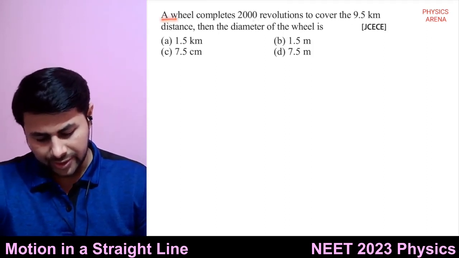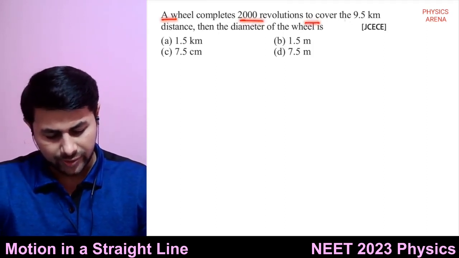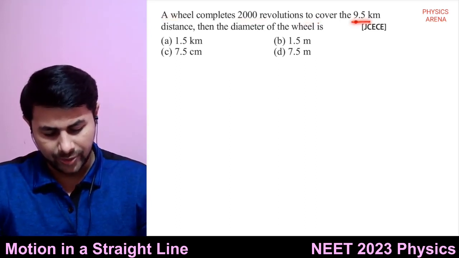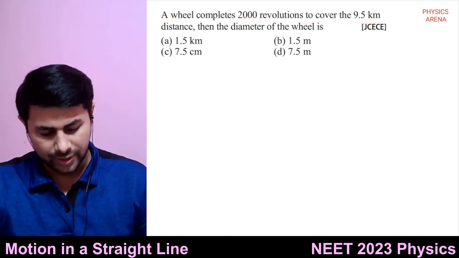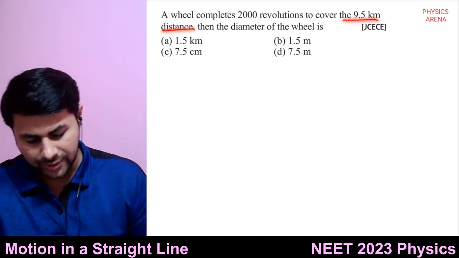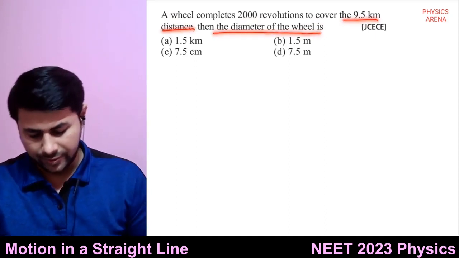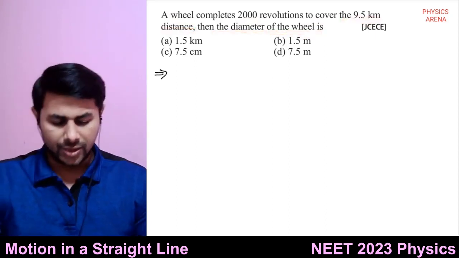A wheel completes 2000 revolutions to cover the distance of 9.5 kilometers. To cover the 9.5 kilometer distance, then the diameter of the wheel is. So can you tell me how to solve this?